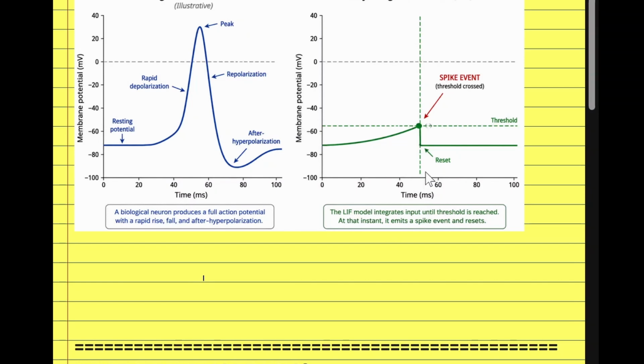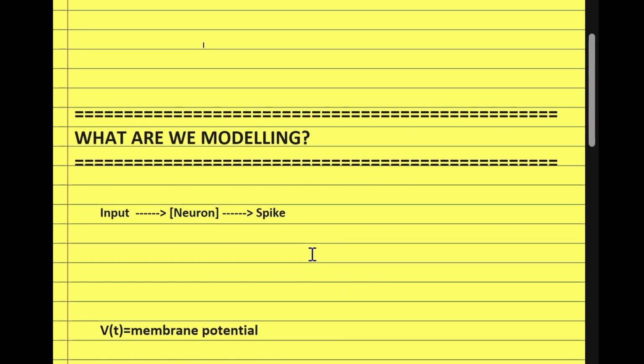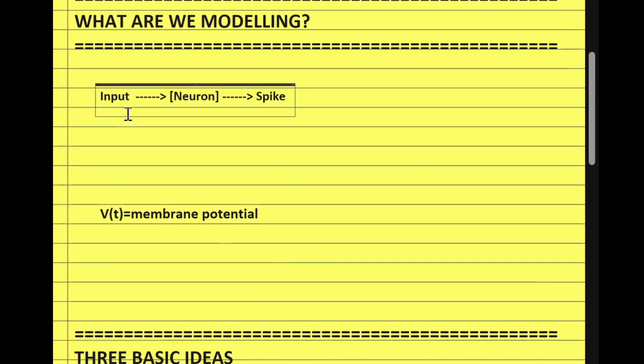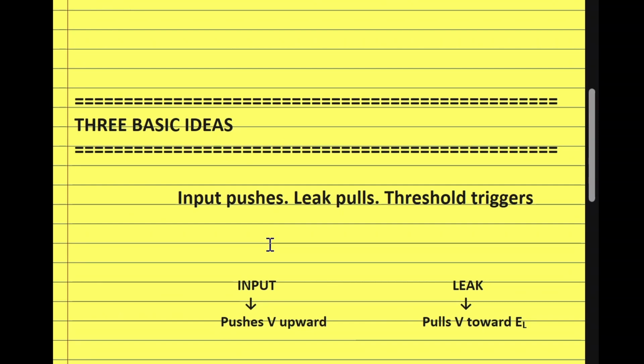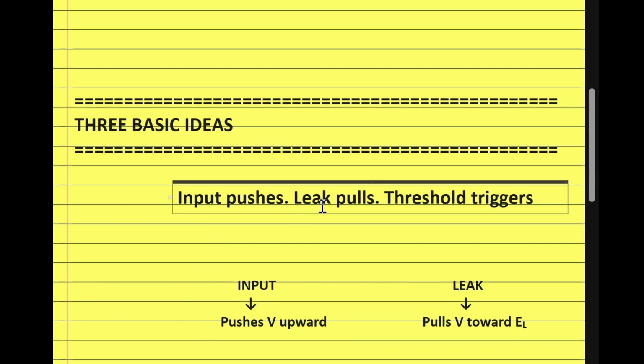It just watches the membrane dynamics and when the spikes happen. So basically what we're modeling: a simple input, a neuron does something, and we have a spike. What we look at mostly is membrane potential. We basically had 3 basic ideas: input pushes, leak pulls, threshold triggers.